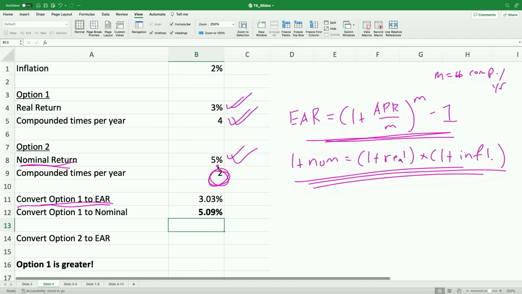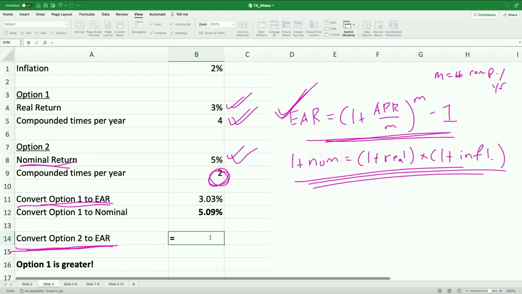So that's my last step. Convert option 2 to an EAR. We know the EAR formula. Here it is. So let's do that. So converting option 2 to an EAR says 1 plus the APR, 5%, divided by the number of times compounded per year, 2, to the power 2, minus 1. 5.06%.